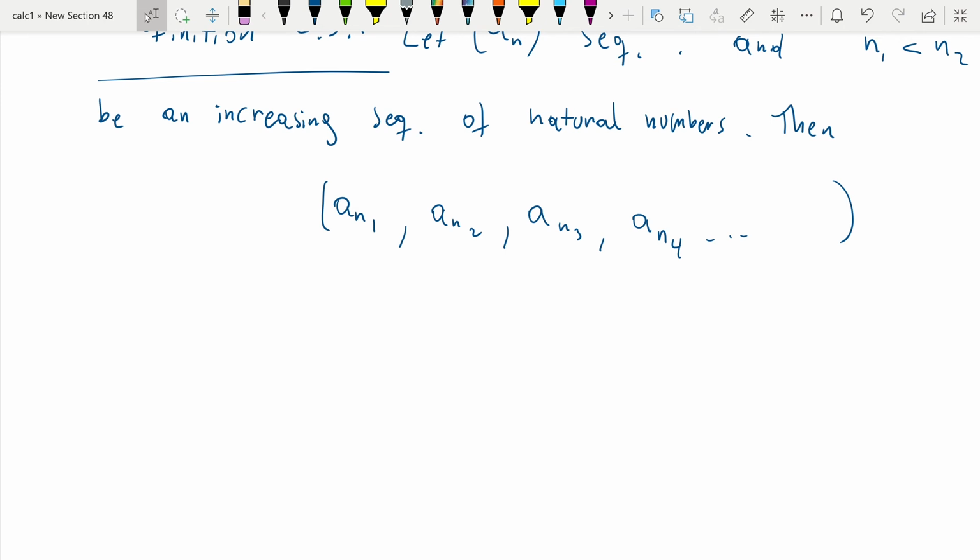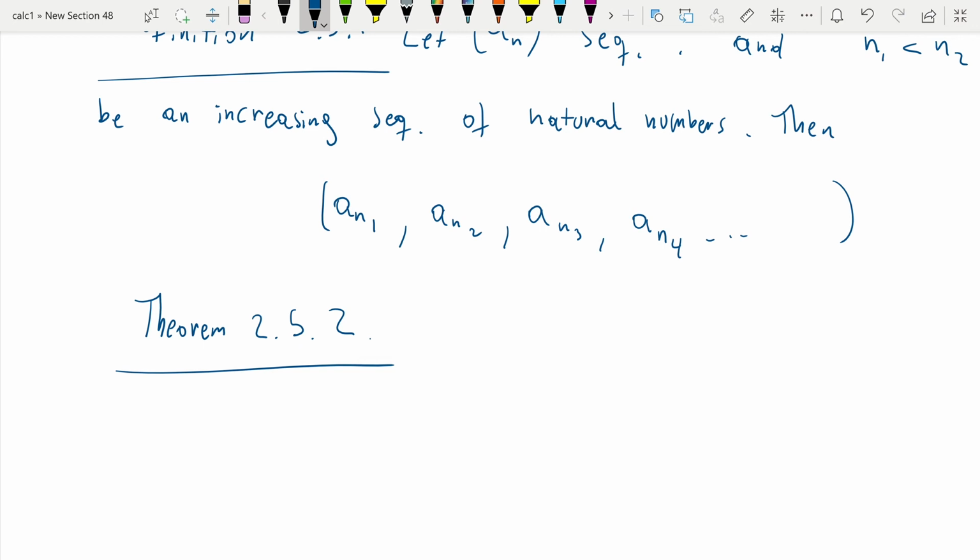But one thing that is very important is Theorem 2.5.2, because of course the behavior of subsequences depends strongly on the sequence that they come from.